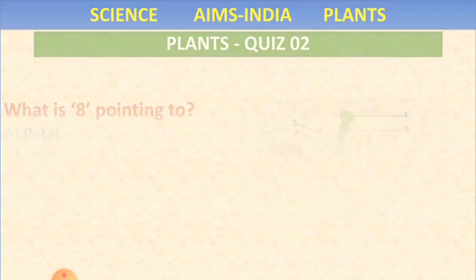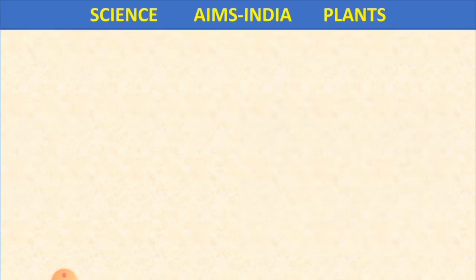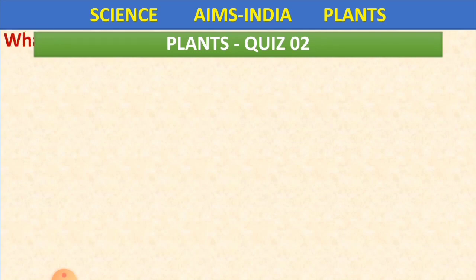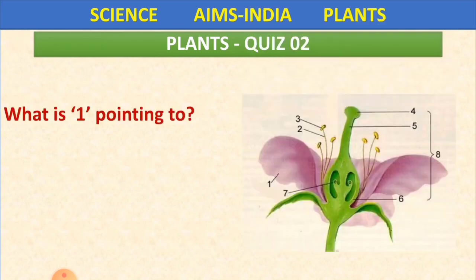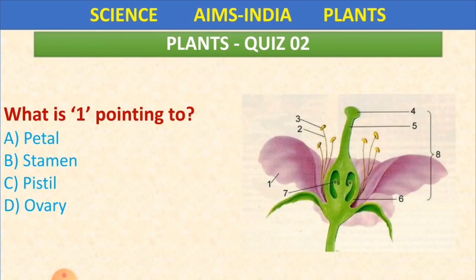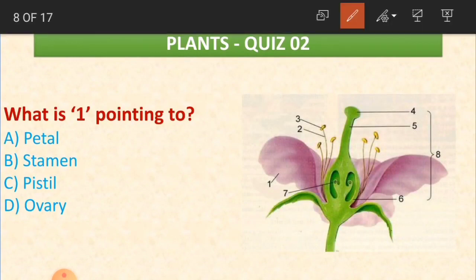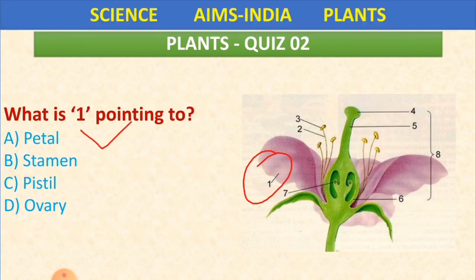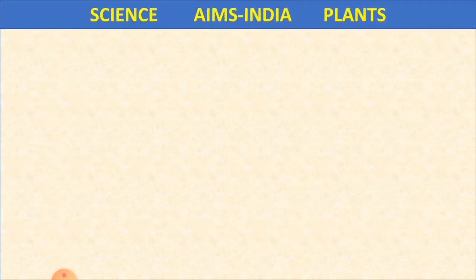Okay, we'll go to the second question. Understood, children? What is 1 pointing to, children? It's a very easy answer for you. Yes, this is the petal. Okay. The third question.